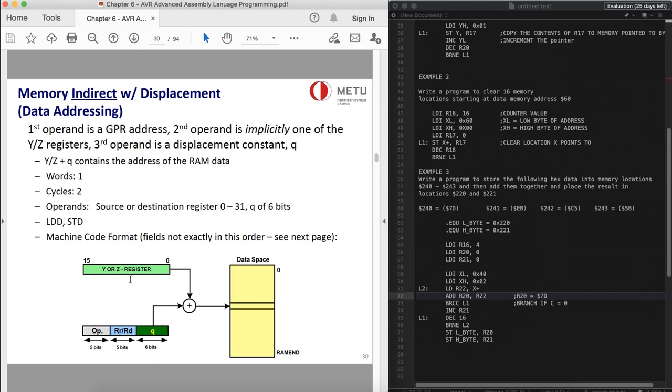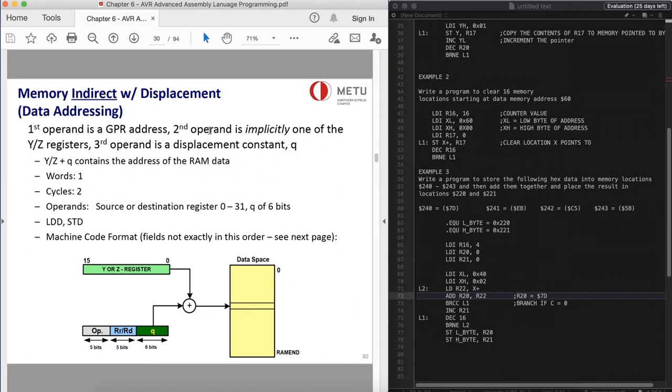We can use the register indirect, which is easier compared to what I described, with displacement. In this addressing mode, a fixed number is added to the Z register. So we use the LDD and STD instructions. It's one word and it's 2 cycles.